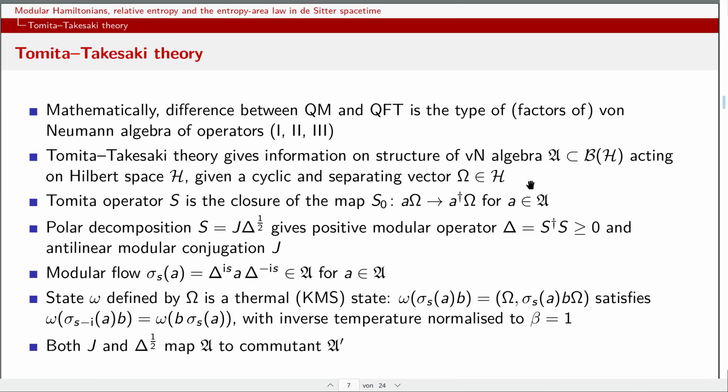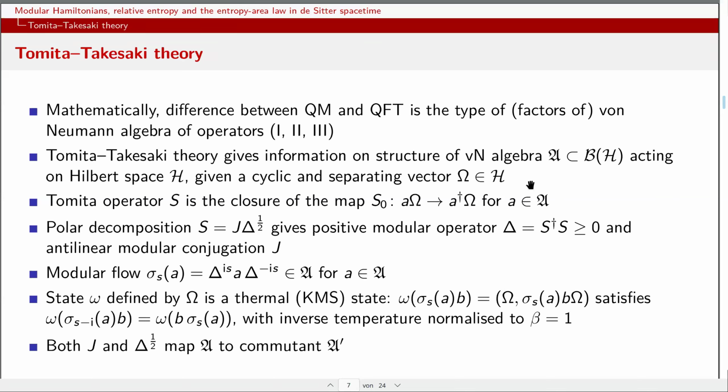So for example, if one takes a Minkowski quantum field theory, scalar field or fermion or whatever, then the Minkowski vacuum would be cyclic and separating. But one can take other states. As I said, finite energy excitations should also work.